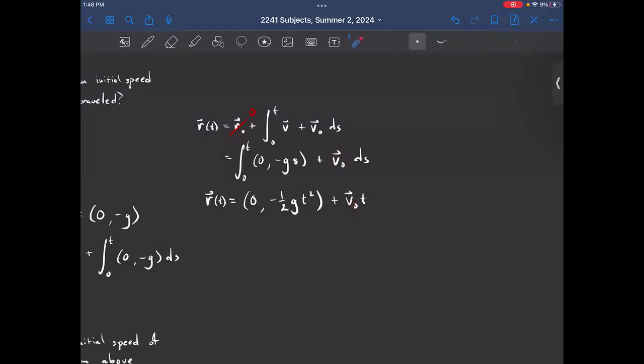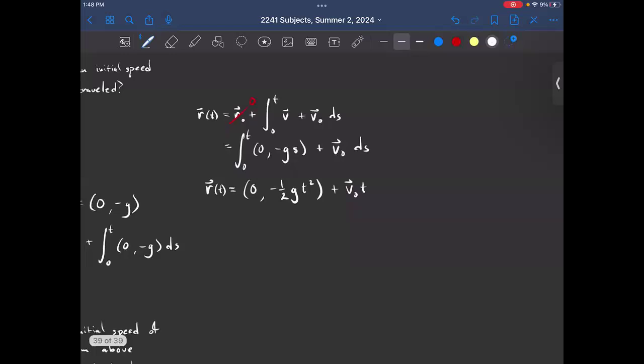Okay, so now we have our position, and we can start to think about what's going on with this vector v0 right there. Well, we have a coordinate system set up, and hopefully you remember how to find the components of any vector given a coordinate system and its norm. This is going to be the norm of the v0 vector times the cosine of the angle that it makes with the axis.